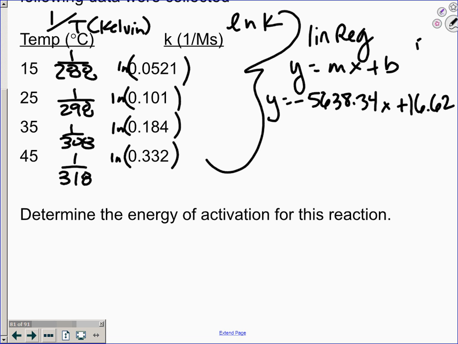Anyway, so this is r squared, that's very linear, okay? Now, you find EA, activation energy, from that data.